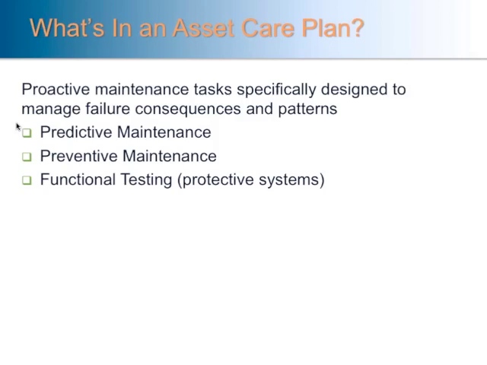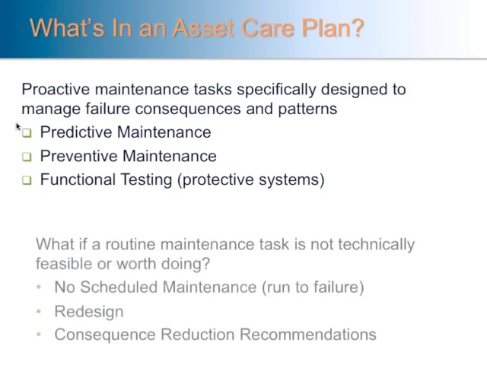And it would have provided alarming, which would have almost certainly caused the operators to stop the startup of that refinery. So the functional testing and the predictive are really the forefront of where we want to go in an asset care plan to manage around serious or consequential risk.